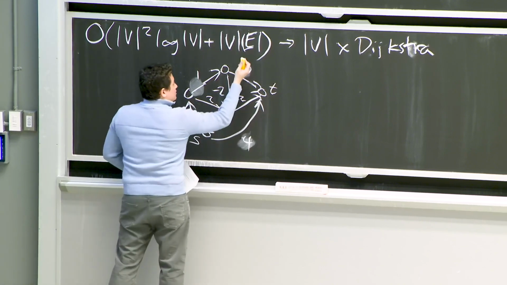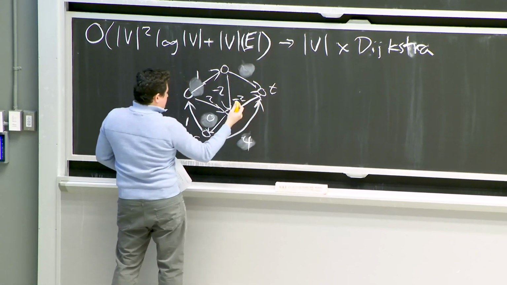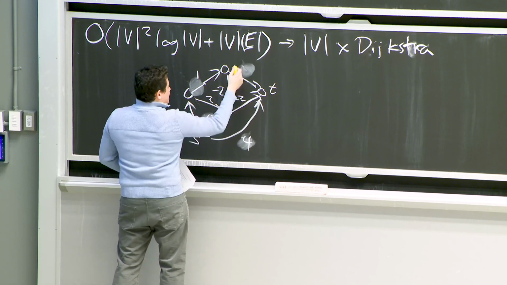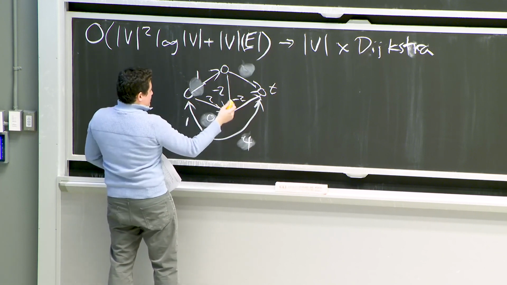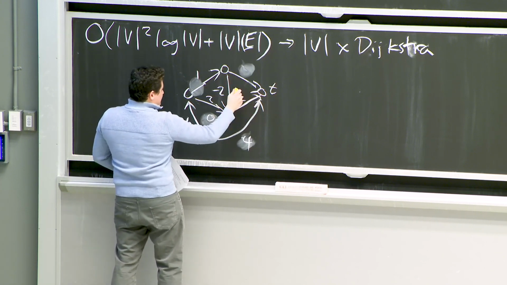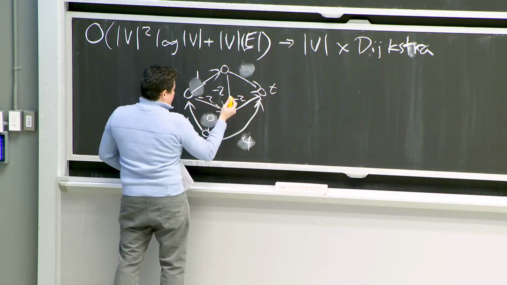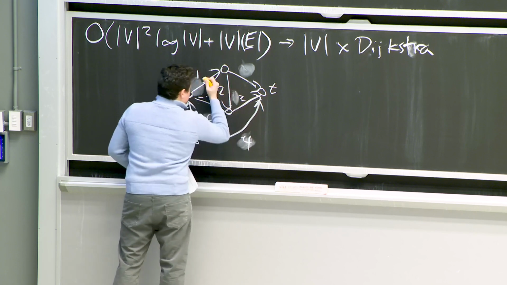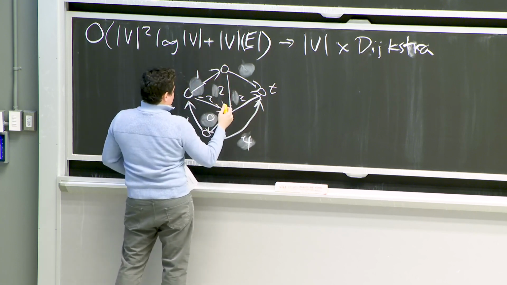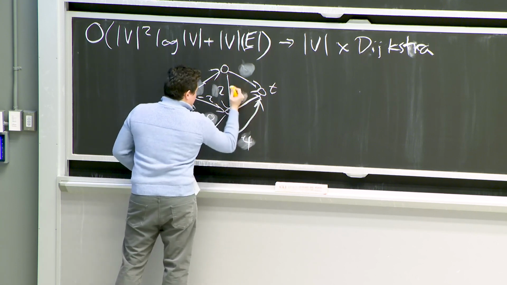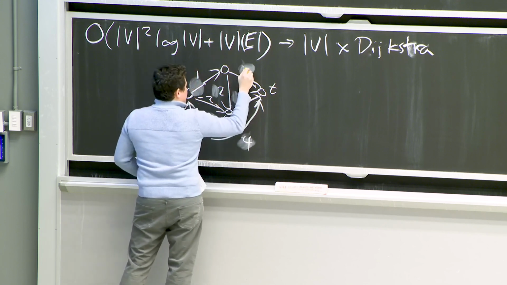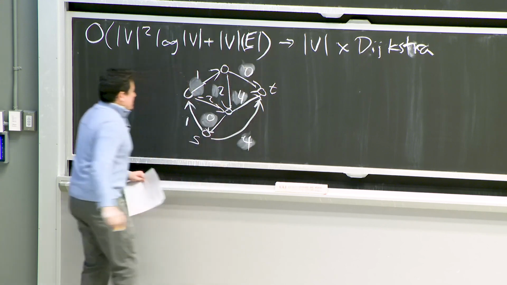But now, sorry, this is not a shortest path. Okay, I'll make that a negative 2. And then these both 2, and this 4. Man, I really should have done my example beforehand.